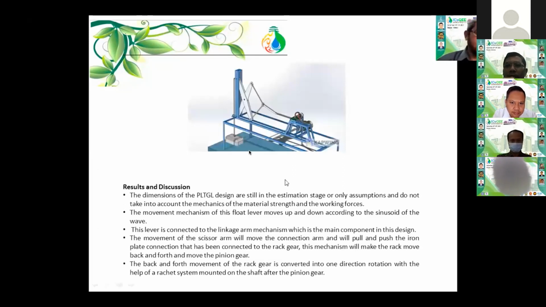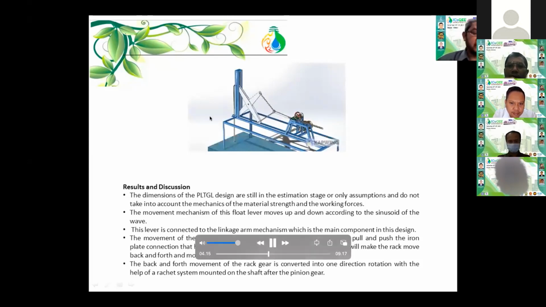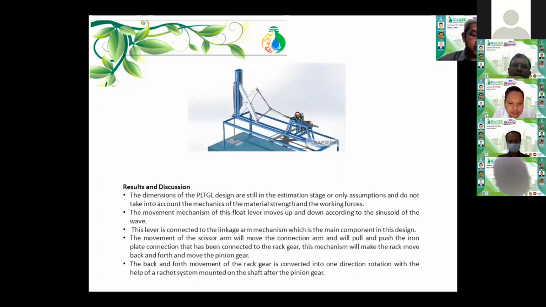So the result and discussion of our research is that the design of the PLTGL linkage system was agreed upon by the PLTGL design team and made using SolidWorks. The dimensions of the PLTGL design are still in the estimation stage, only assumptions, and do not take into account the mechanics of material strength and the working forces.